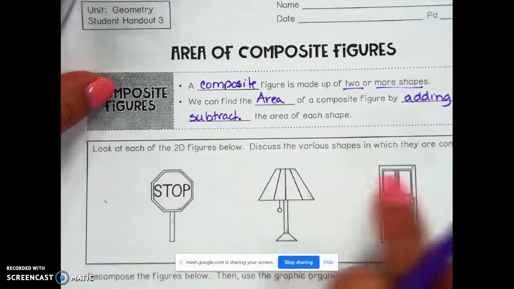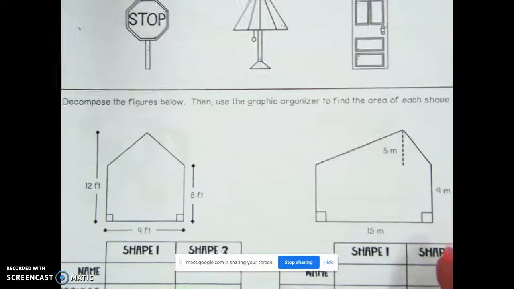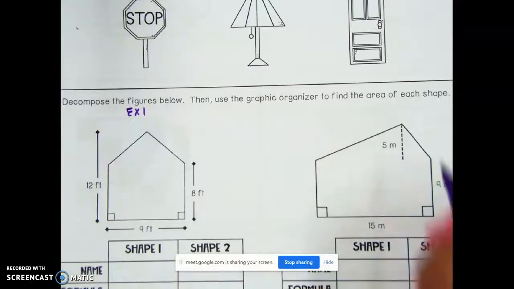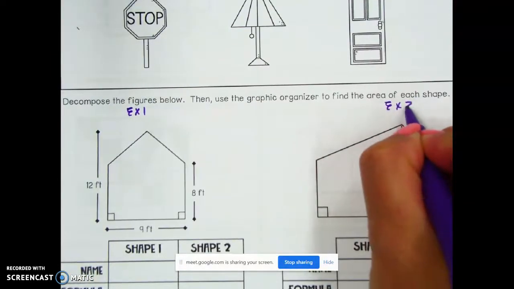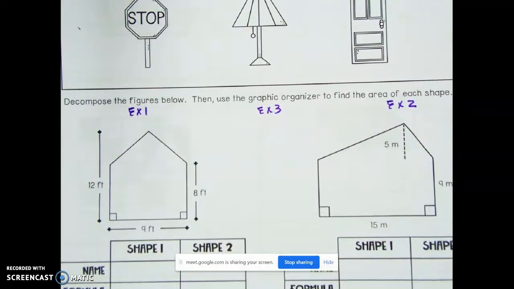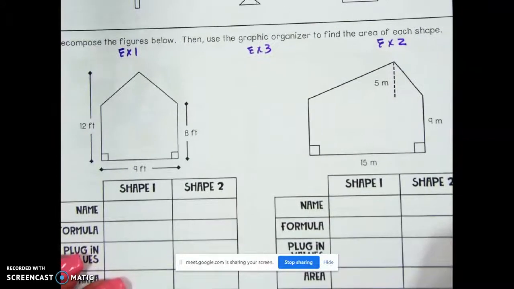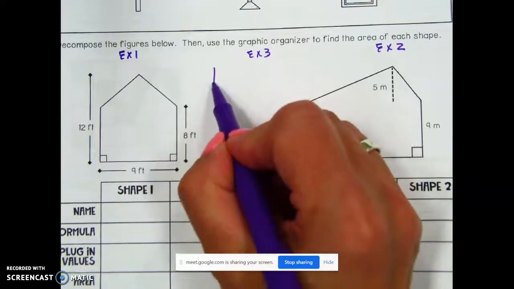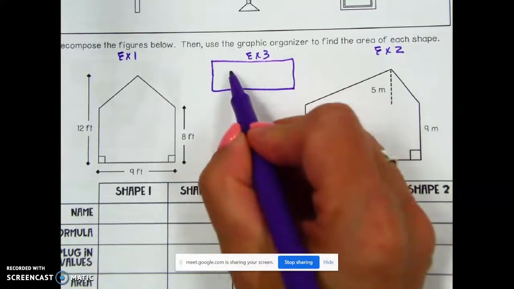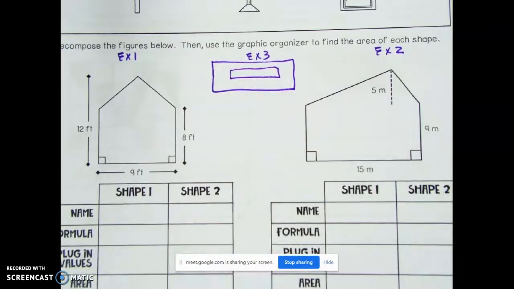We're going to skip this part here and we're going to come right down here. Now, this is going to be example 1. This is going to be example 2, and you are going to write an example 3 right directly in the center. So we're going to draw ourselves a really nice looking rectangle, and then we're going to draw a rectangle right directly in the center.